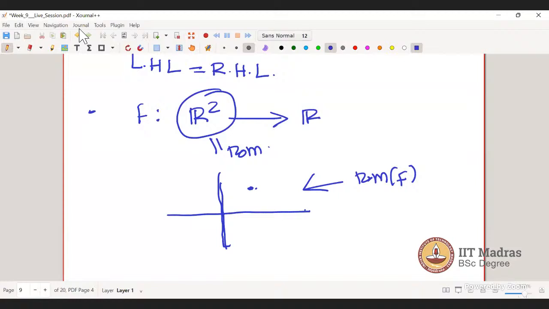We have many different limits, because I can reach this point through infinitely many directions. I can come to this point from this side, from this side, from this side. So I can come to that point using infinitely many directions. That is the difficulty when dealing with limits for functions of two variables.